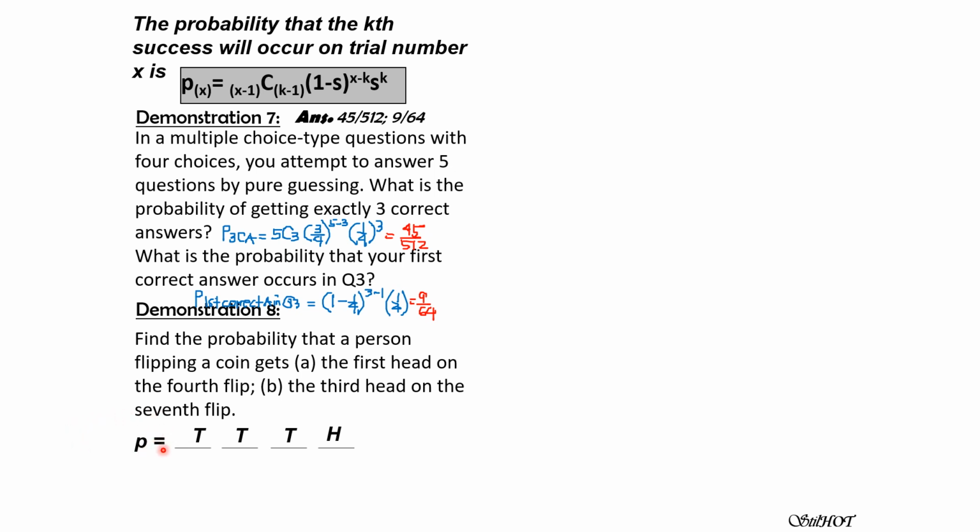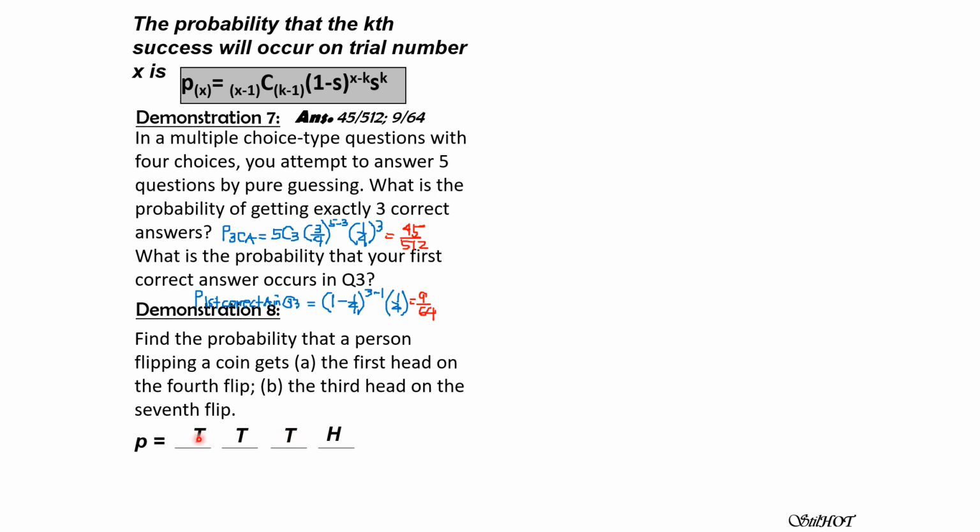So if you can remember, the formula was the probability of failure, which is 1 minus the probability of success, raised to 3 because there are 3 failures. But if you use the formula, it was x minus 1, so 4 minus 1.